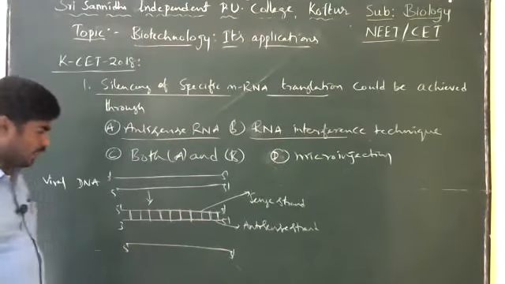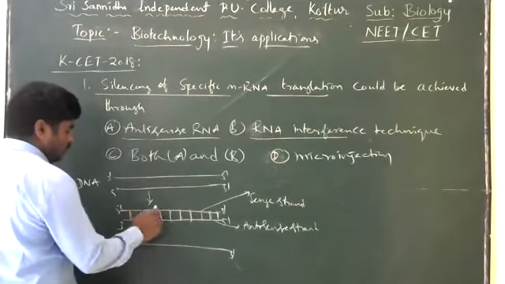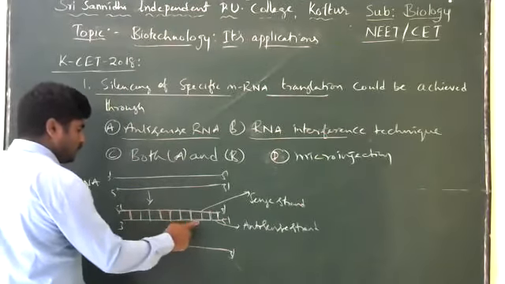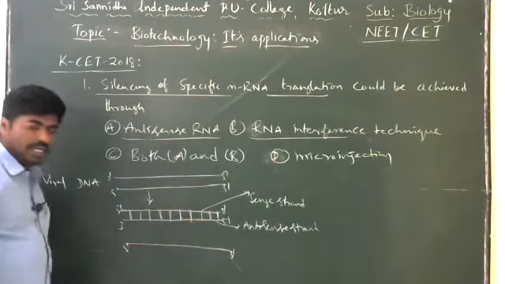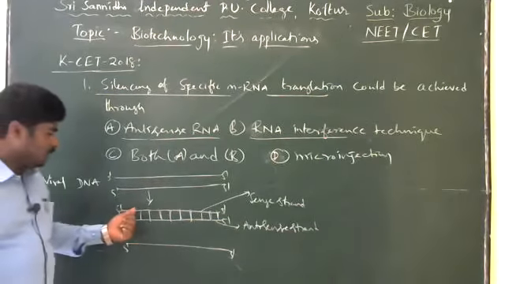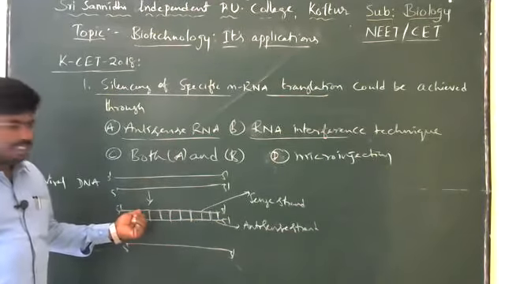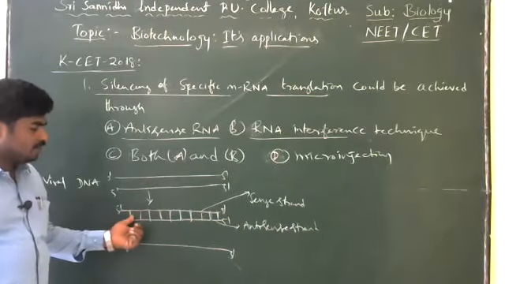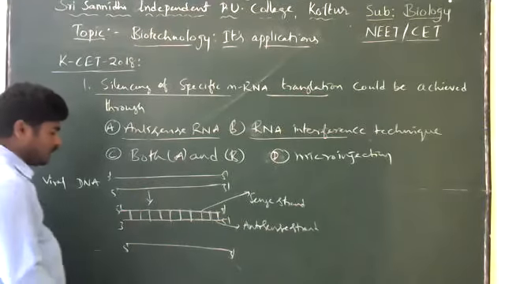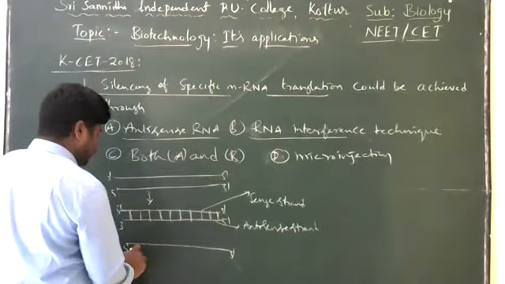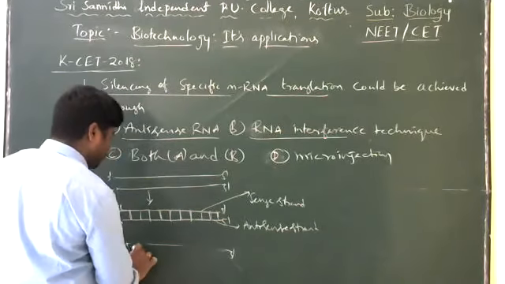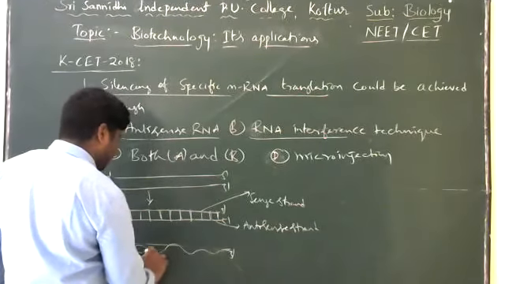So that is called RNA interference. The reason is the presence of the antisense strand. When the antisense strand is formed, the mRNA immediately goes into a double-stranded condition. There is no translation in the presence of double-stranded mRNA.